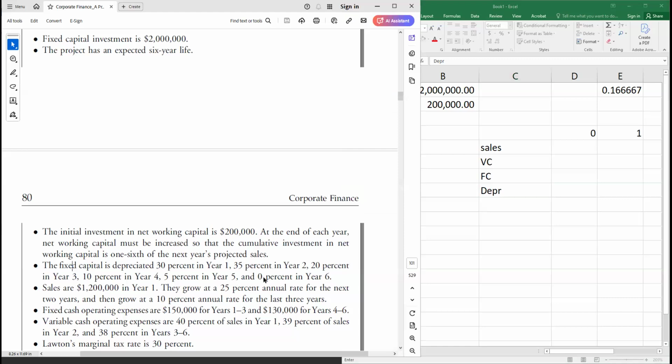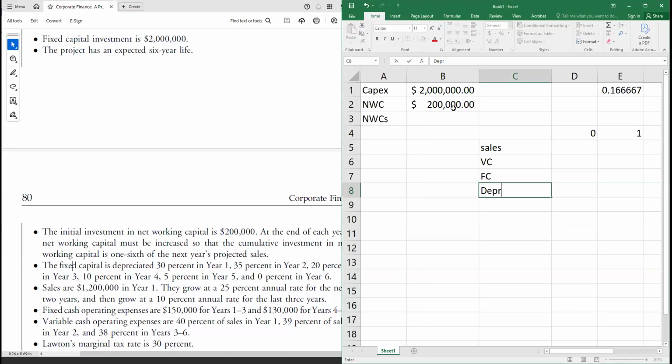So I need to get these values for each year, but our fixed capital investment is 2 million. So that means 35% in year 1. So 35% multiplied by CapEx, the capital investment.